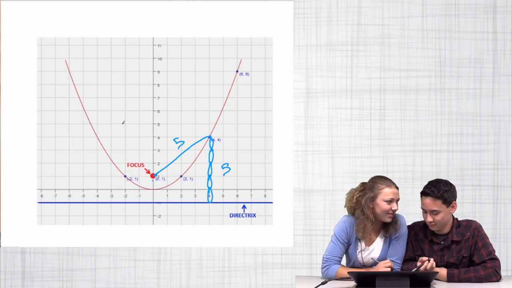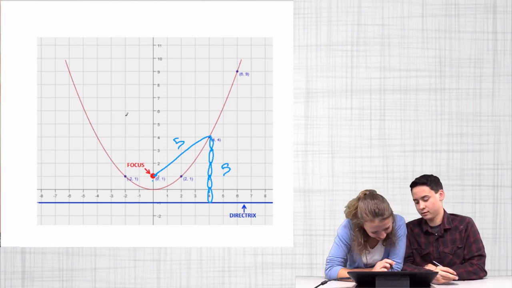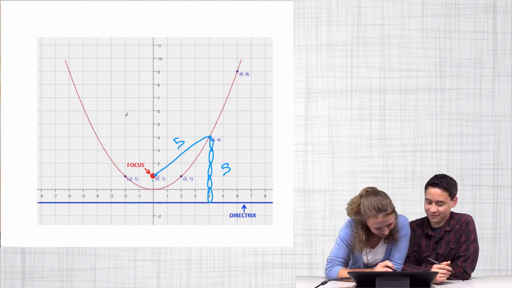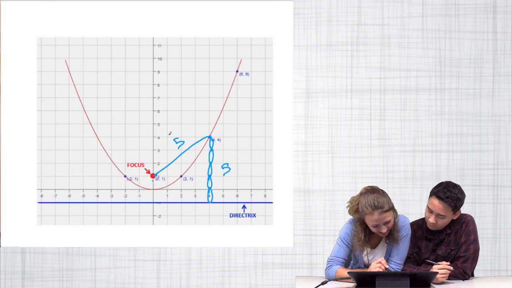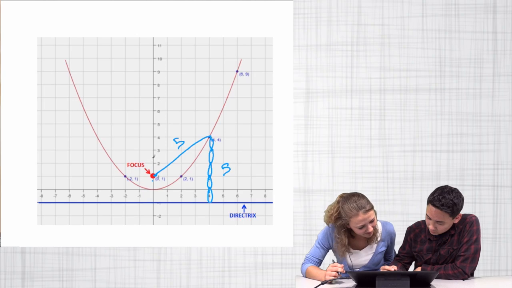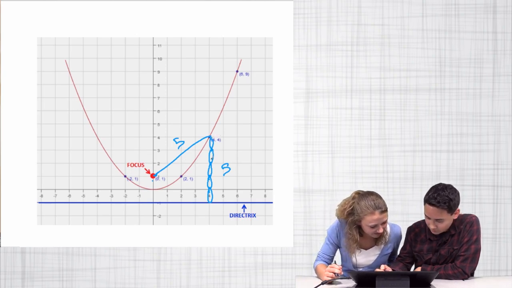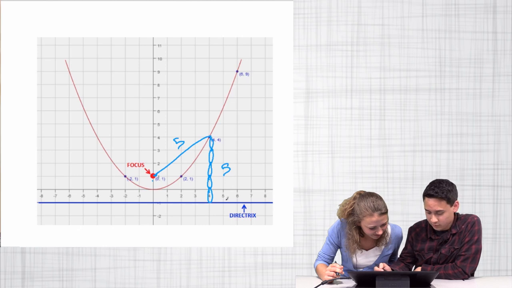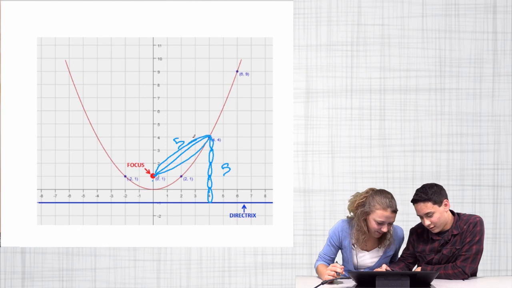Yeah, but then we can double check it, like what we did with the first one. I'm so stumped. 1, 2, 3. No, because see, it's 3 up and then 4 over here. Because this is just 5 units away from the directrix. I don't know how to find the distance between these two.